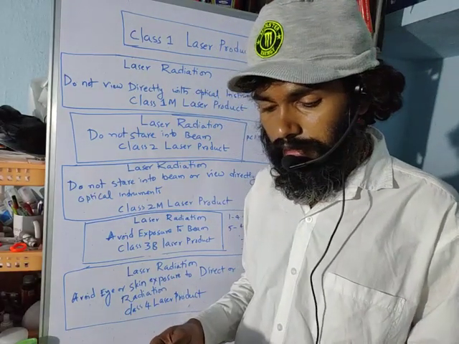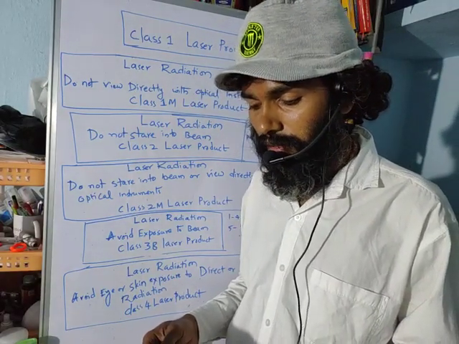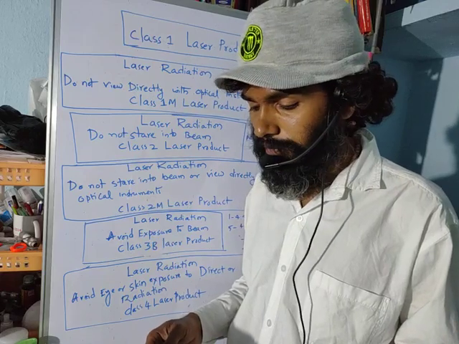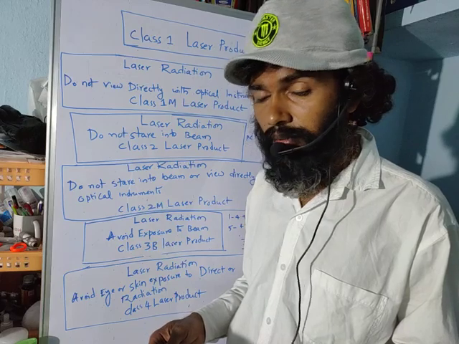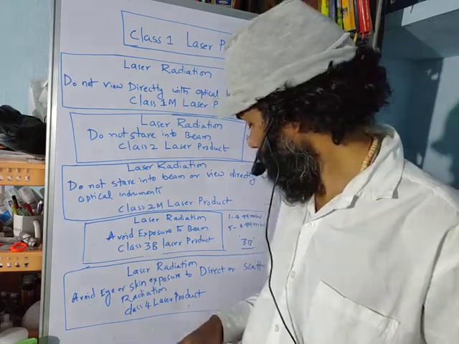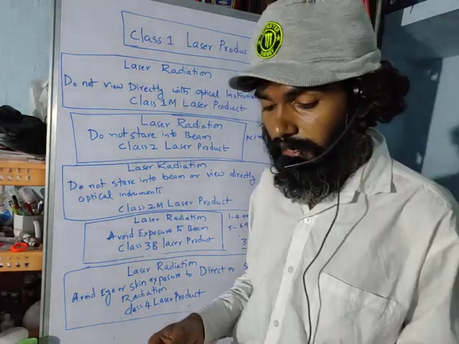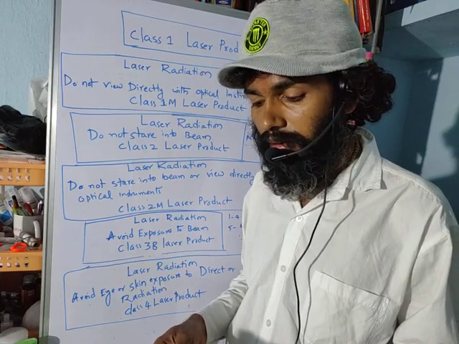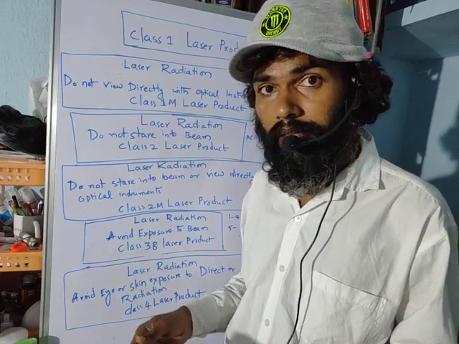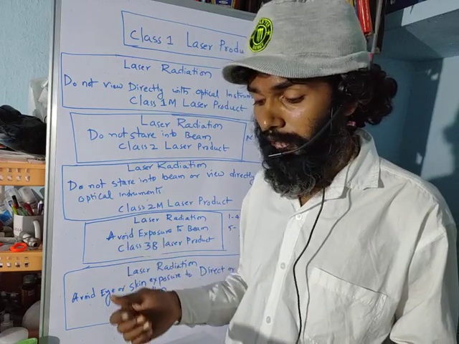And the lasers of this class are the most dangerous ones. For visible lasers, the output power is more than 500 milliwatts. And these can burn skin or cause permanent eye damage, if you are exposed to them.